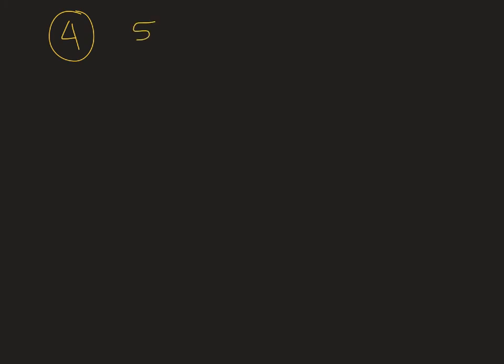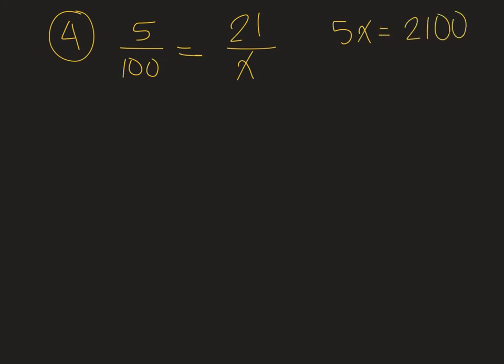So we're going to do 5 over 100 equals, the preliminary work took 21 days, so 21 over x. And then we're going to solve. So 5x equals 2,100. And then do your division. And you should get x equals 420 days.